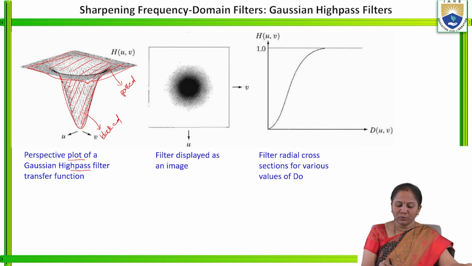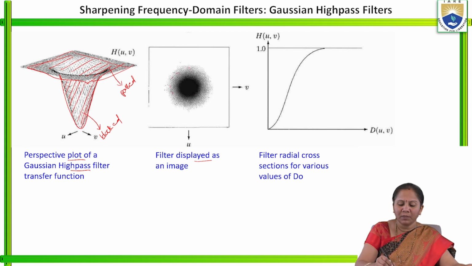Now, coming to the filter displayed as an image, here we can observe a small circle. Compared to the Butterworth high pass filter, here across the circle we have more other frequencies.